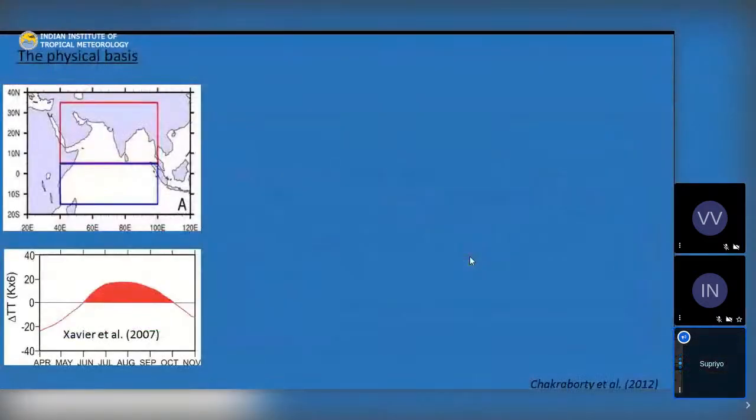So the basic principle is that it has been shown that the tropospheric temperature difference, that means temperature over this box over India, one northern box and one southern box.